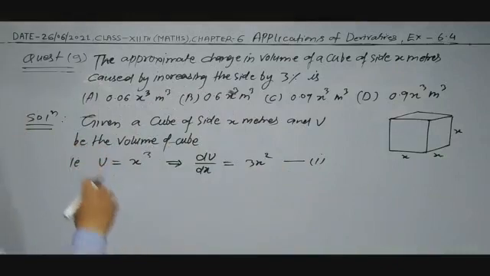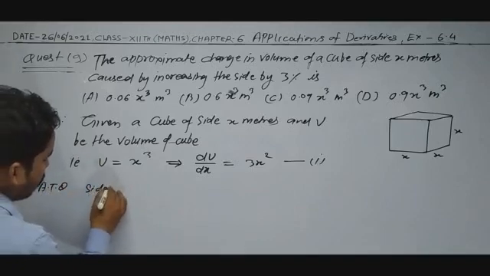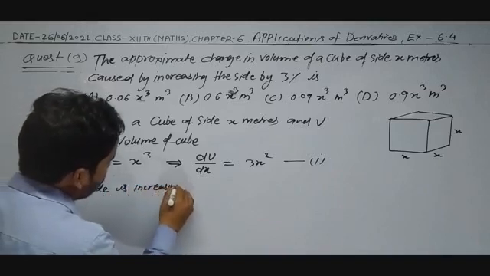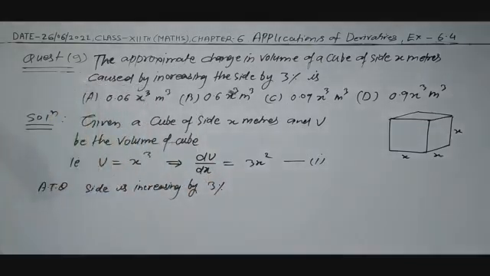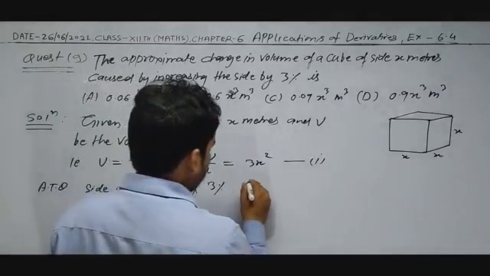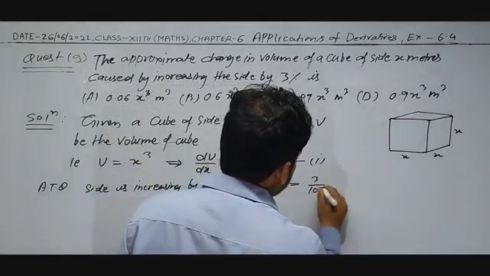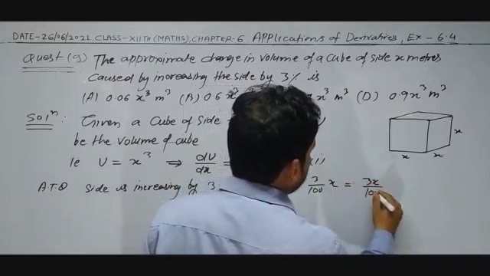And in this question, this is given: x meter caused by increasing the side by 3%. It means, according to the question, the side is increasing by 3%, that is del x is equal to 3 by 100 of x, means the result is 3x by 100.